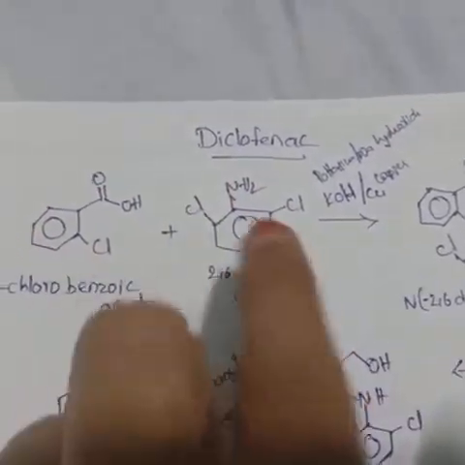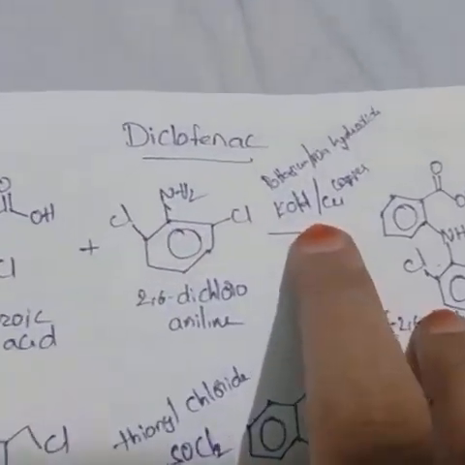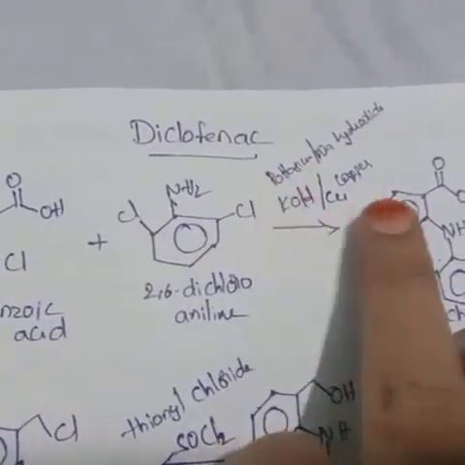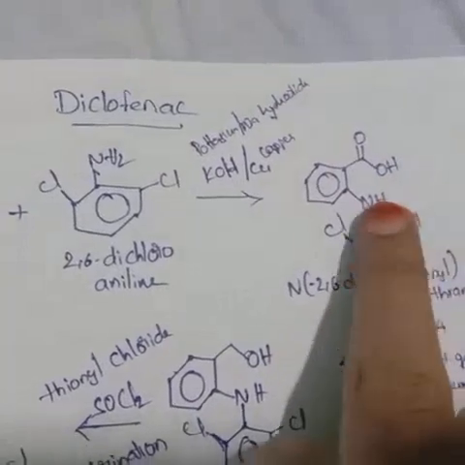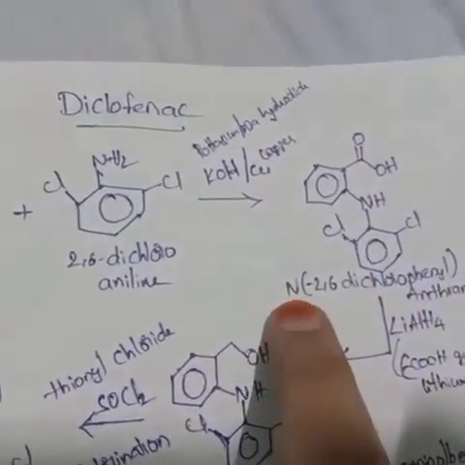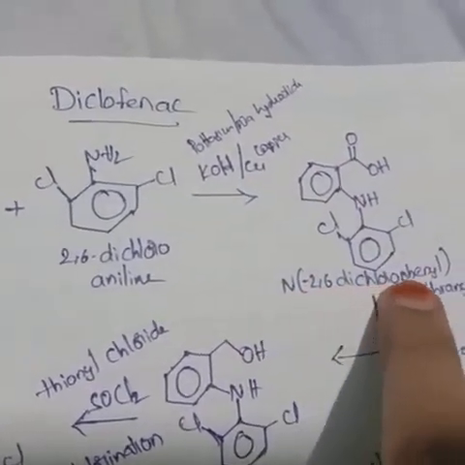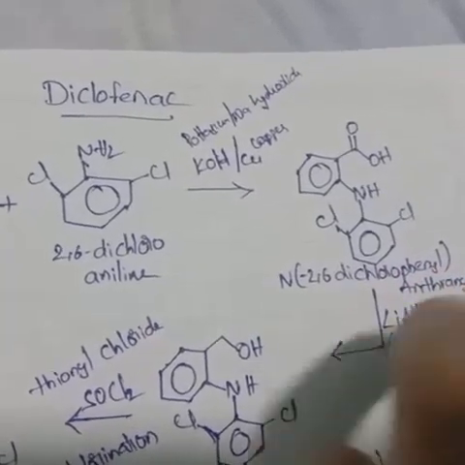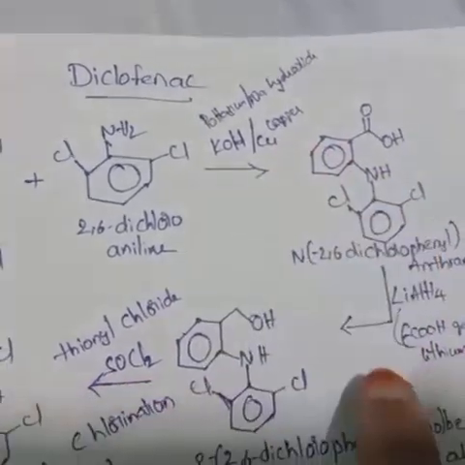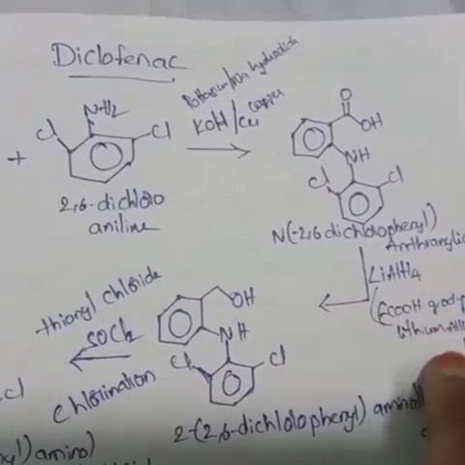These two are the starting compounds. In the presence of potassium or sodium hydroxide and copper, it gives N-(2,6-dichlorophenyl)anthranilic acid. Okay.